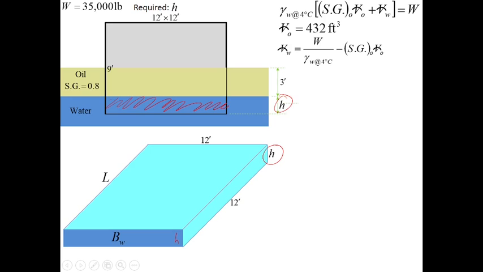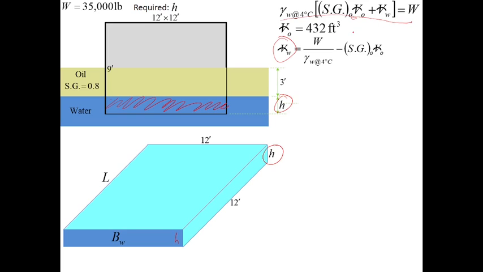So, yung pagkuha ng volume with respect to water ay weight over specific weight of water at 4 degrees Celsius minus specific gravity of oil times the volume displaced with respect to oil. So, paano naging ganon? Okay, nanggaling lang yan dito. Ito yung original nung previous slide.